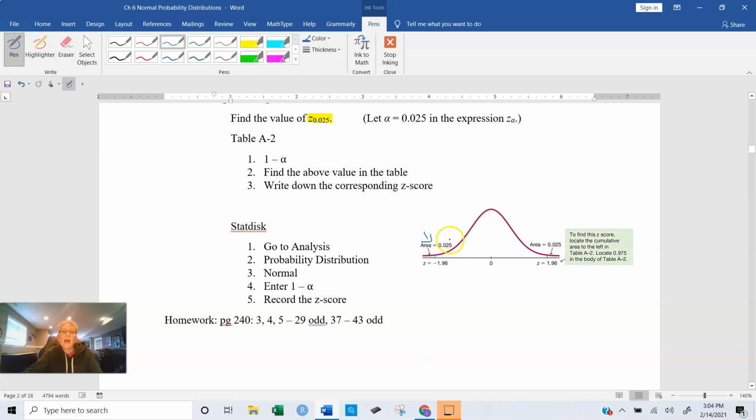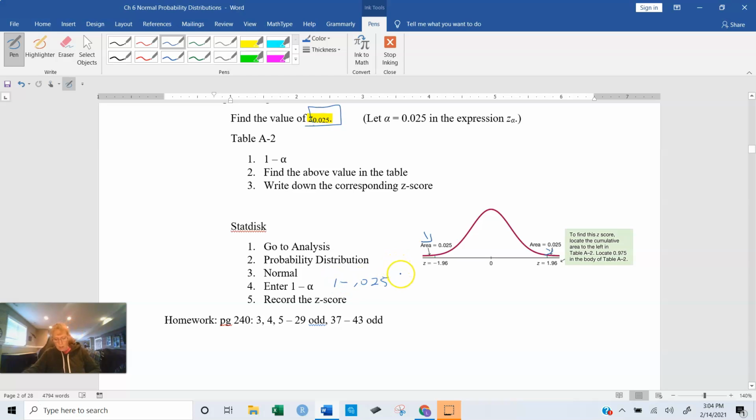The reason this is happening is when we do this, it is giving you this area here. All right, that is how StatDisk works. So in order to get the area to the right of 0.025, I have to go down here and say I want 1 minus that, so I switch where I am. So I'm going to do 1 minus 0.025.